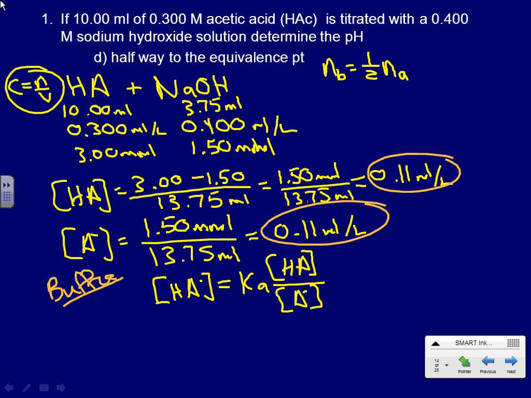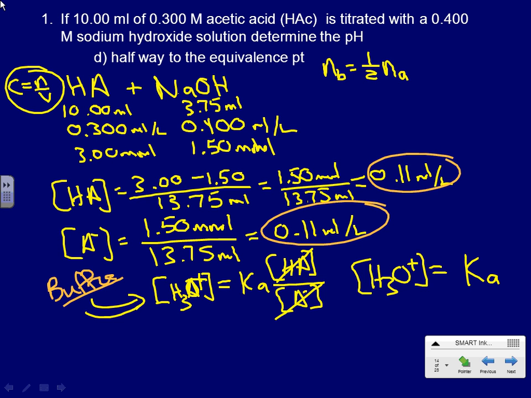And notice, at the halfway point to the equivalence point, the HA and the A minus cancel out, and H3O+ is equal to Ka. And I made a mistake over here. This is H3O+. That's the acid buffer equation right there.